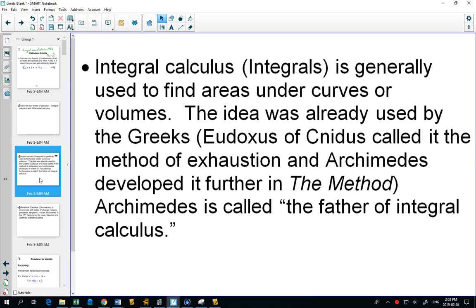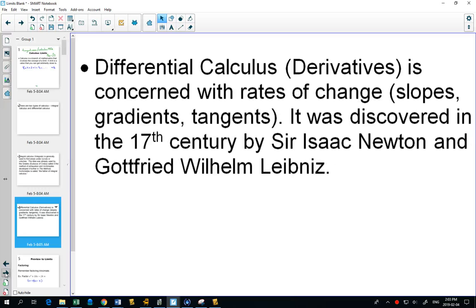You can trace back integral calculus all the way back to the Greeks. Archimedes is sometimes called the father of integral calculus. He called it a method of exhaustion, of when you do something over and over and over again until you can say that you're basically so close to the right answer that you have the right answer. And then, as I said before, differential calculus, much later, 17th century.